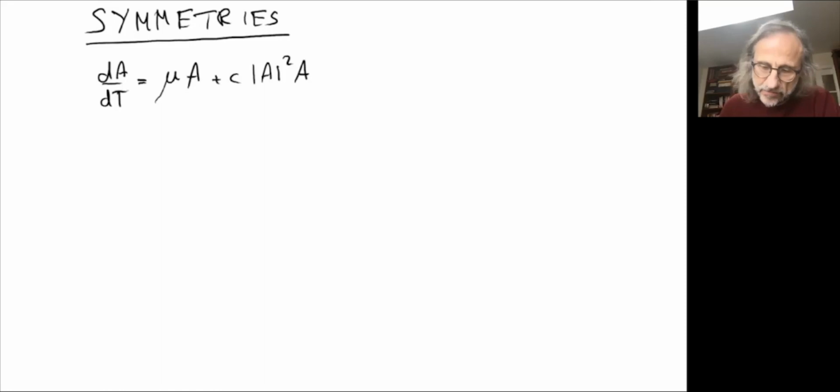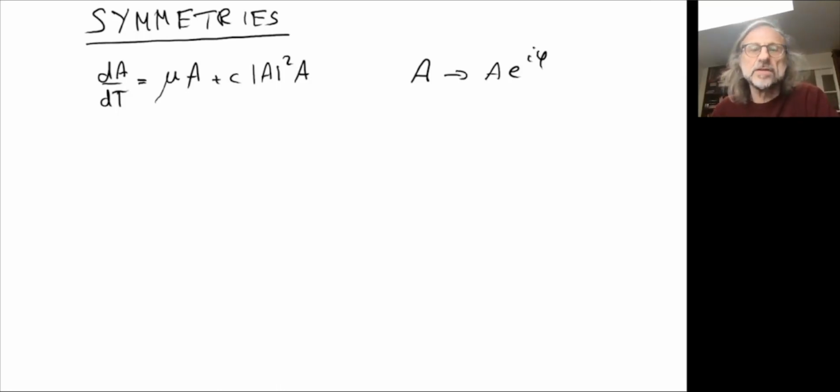Okay, so let's first note what the special properties here are. You can notice that this equation doesn't change if you replace A by e^{iφ} A, right? All terms change the same way. And so the equation is equivariant under that transformation.